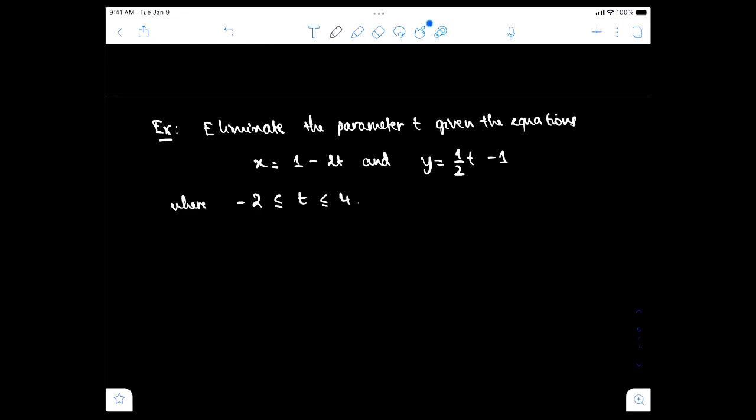The difference here is that you have some restriction on t, so you have to find the domain of the curve. After you get y equal to f of x, you have to define the domain.